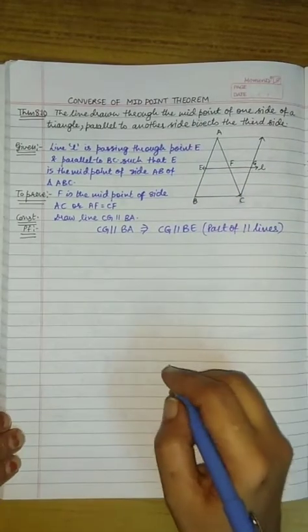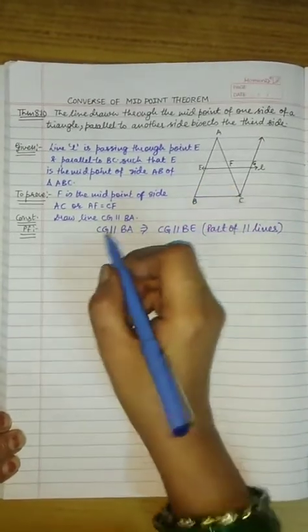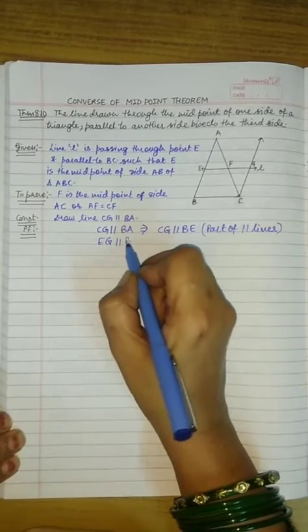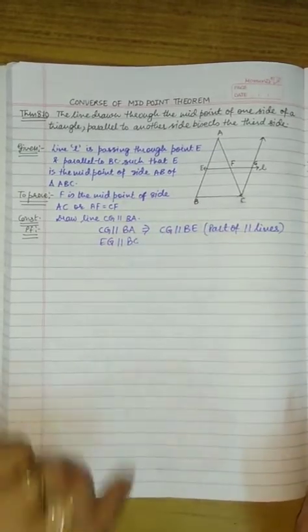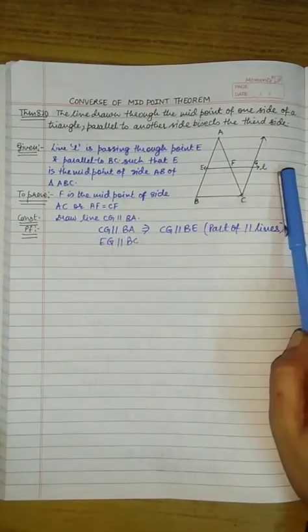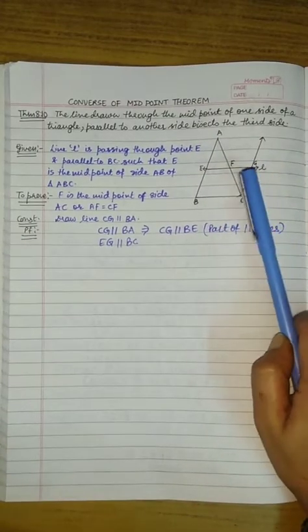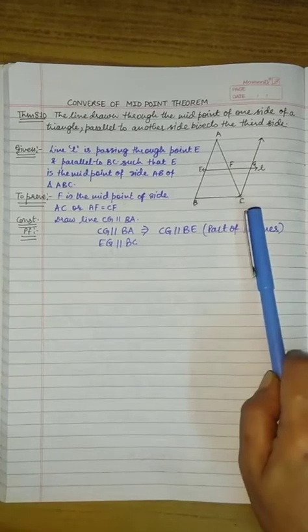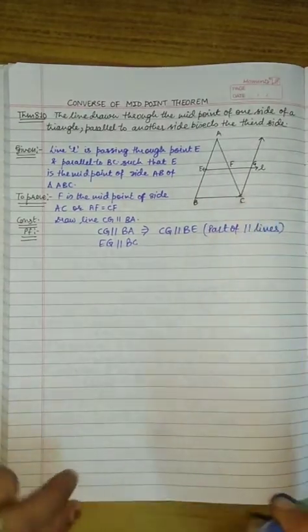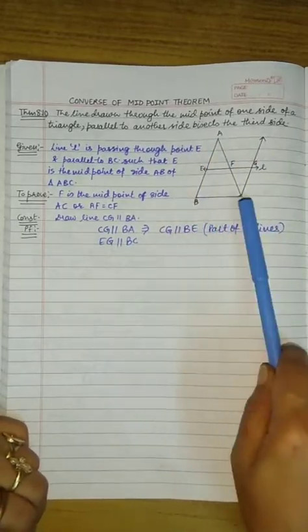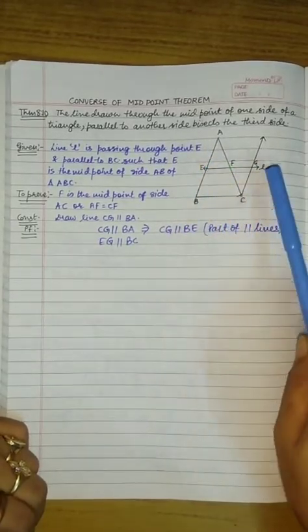Secondly, we are given that EG is parallel to BC. Means the line L which intersects at points E and G. So EG is parallel to BC. Now EG is parallel to BC and BE is parallel to CG.